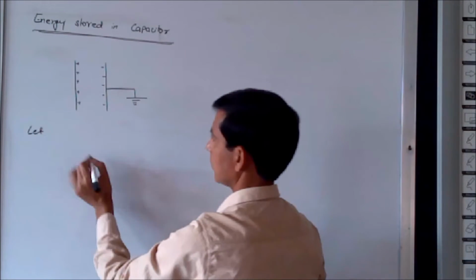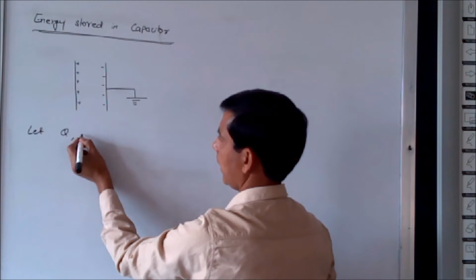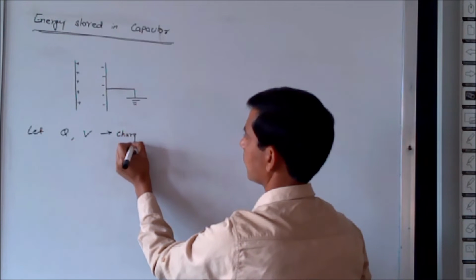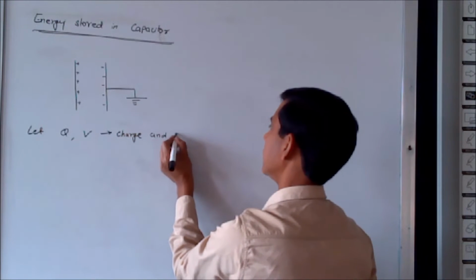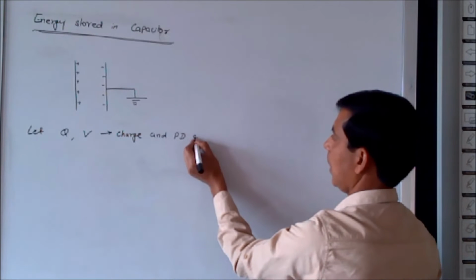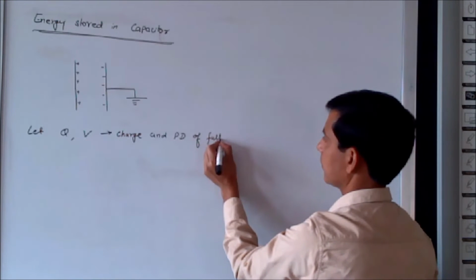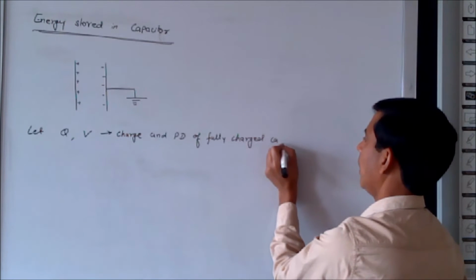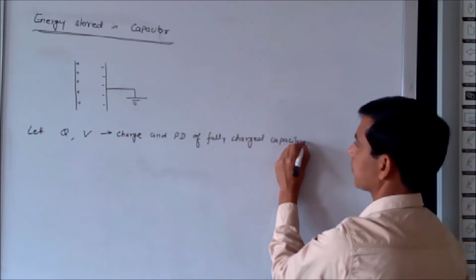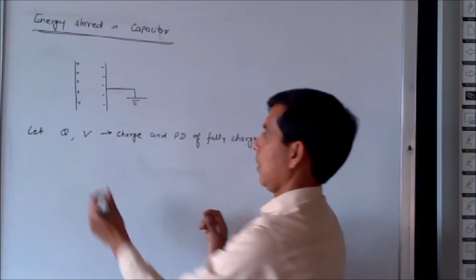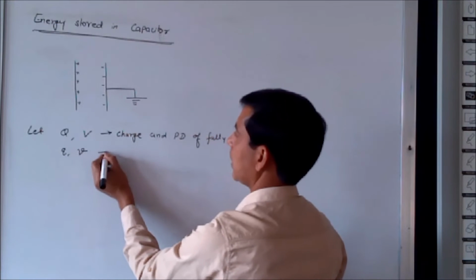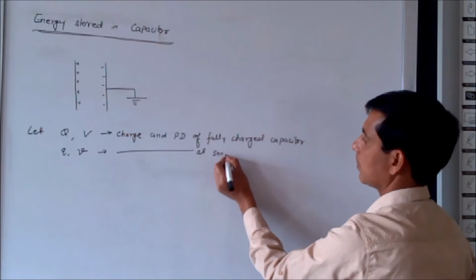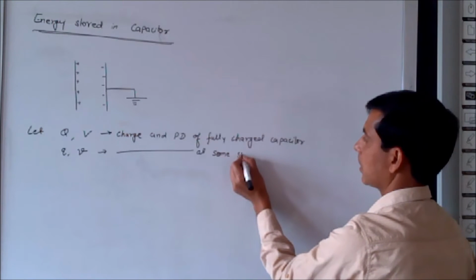Let Q and V be the charge and PD of the fully charged capacitor, and small q and small v be the charge and PD at some stage of charging.